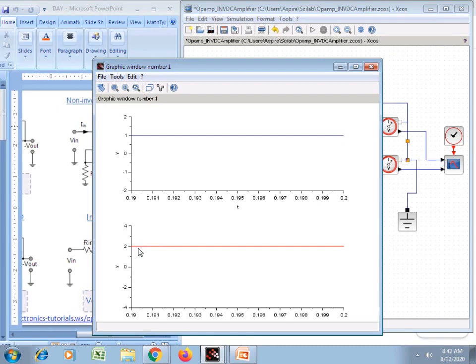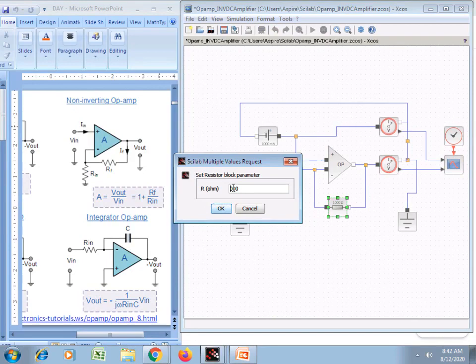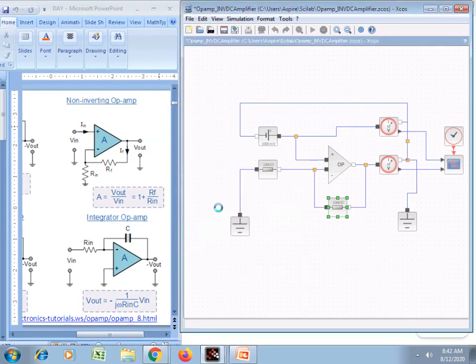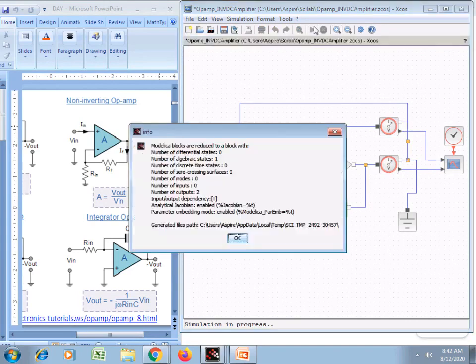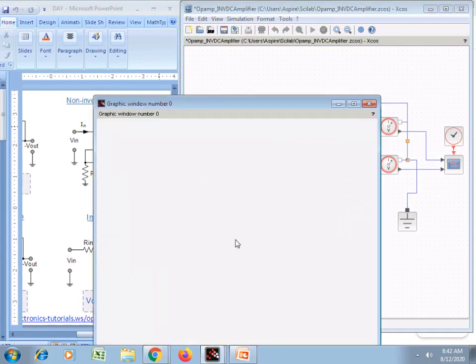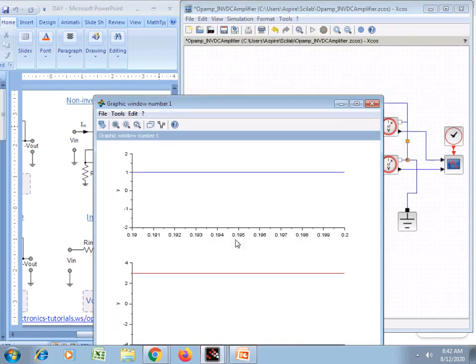And since it is non-inverting, both input and output are positive. I set it to 2000. So now it is 3, because 2 by 1 is 2, plus 1 is 3, so the gain is 3.